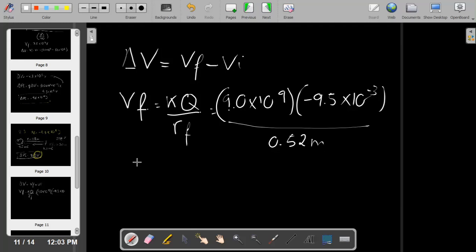It was already in meters. The value should give you negative 1.6 times 10 to the 8 volts. So we have the first part of this equation solved.